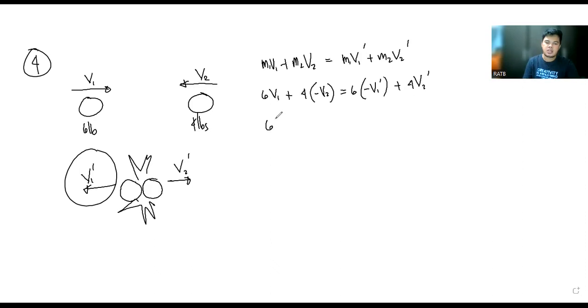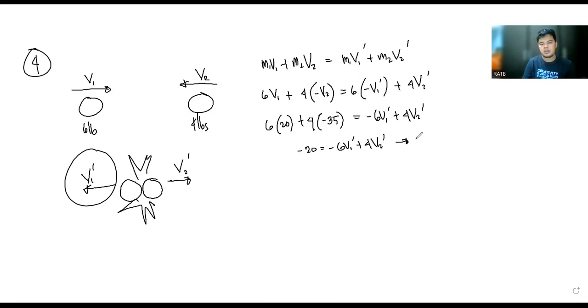That is 6 times V1, which is 20 feet per second, so that's 20, plus 4 times V2, which is negative 35, equal to negative 6 V1 prime plus 4 V2 prime. Which gives us negative 20 equivalent to negative 6 V1 prime plus 4 V2 prime.